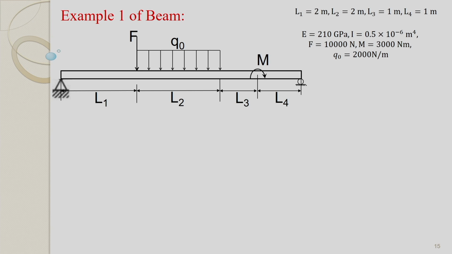Now, if you see, there is one concentrated load at this point, there is one moment at this point, and there is distributed load which is uniform in the section L2.